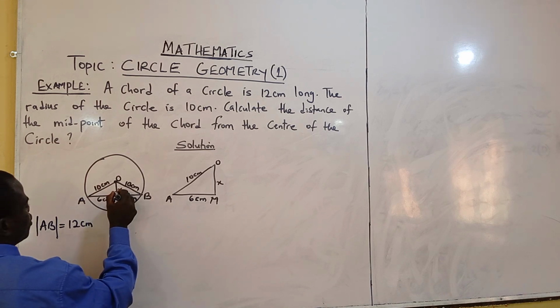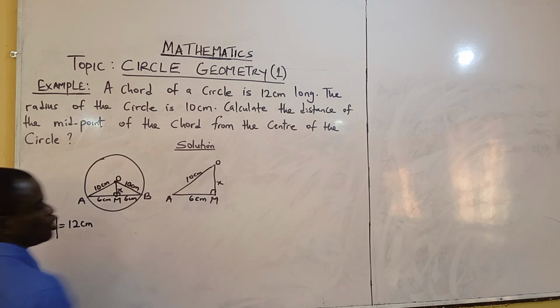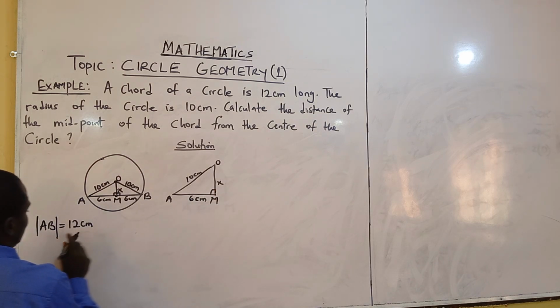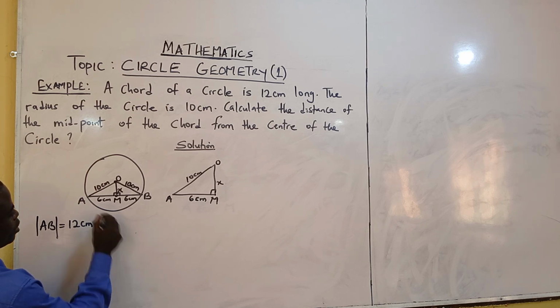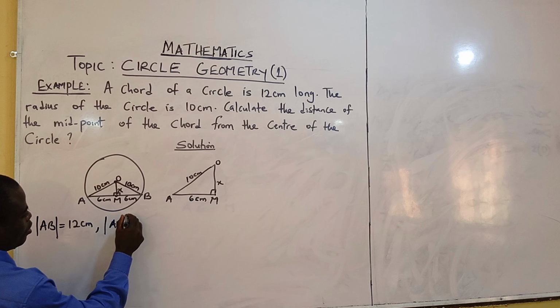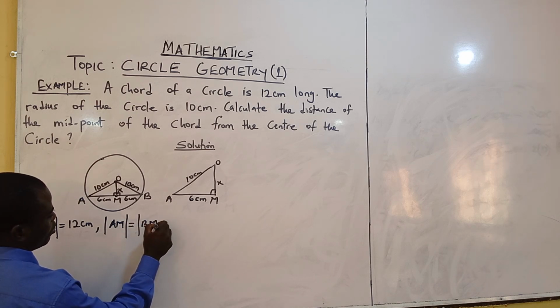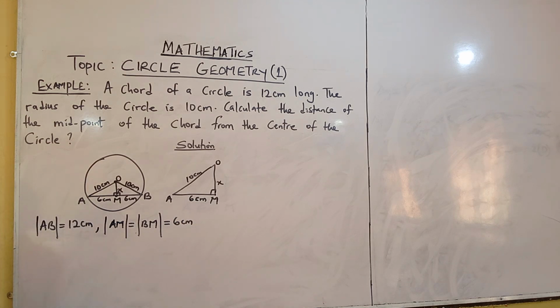Okay, this is 90 degrees. And when you have a right angle triangle like this, you use the Pythagoras theorem for a right angle triangle. AB is 12 centimeter. Line AM equals line BM and equals 6 centimeter.